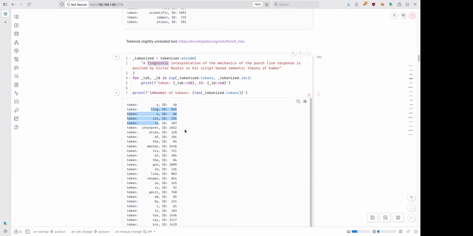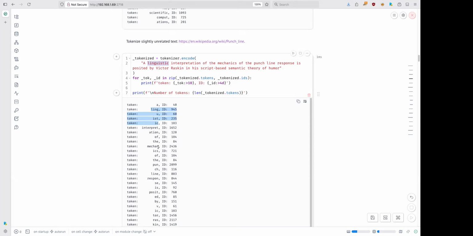So if we think about our future machine learning approach, our neural network or something like this, that will be applied to these tokens, this neural network will need to learn that this particular stream of tokens means linguistic, actually. It's not just random garbage. So our tokenizer did the job. It tokenized the unseen text, but didn't do it quite well, right?